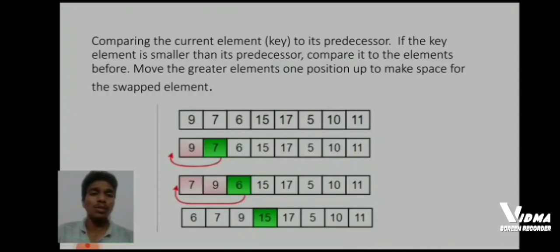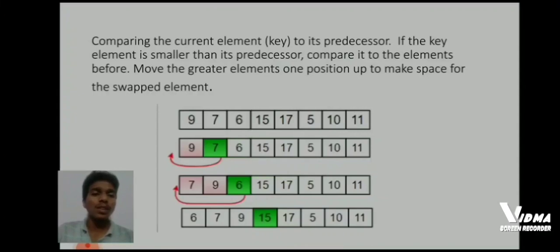Let us take an example for insertion sort. Here we are taking an array that is 9, 7, 6, 15, 17, 5, 10 and 11. In insertion sort, the elements are compared with the predecessor, meaning the previous item.